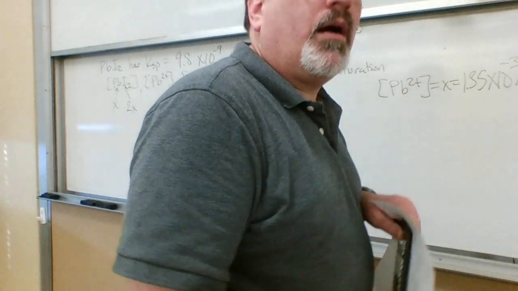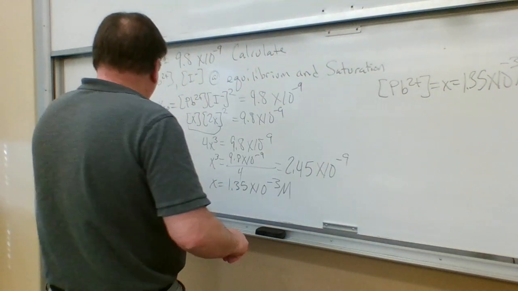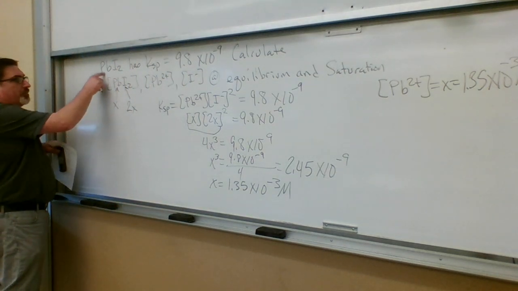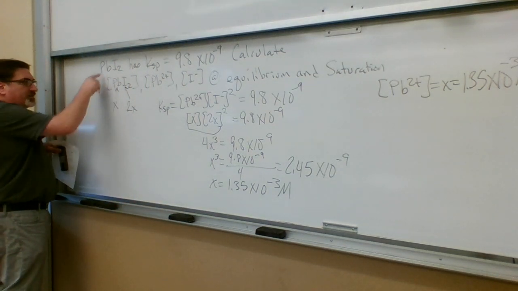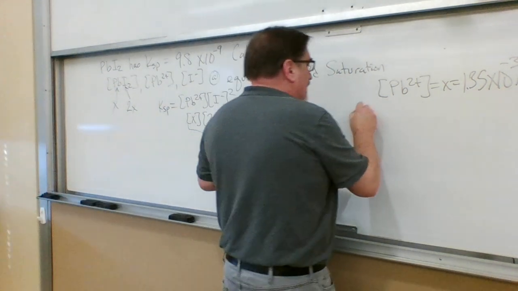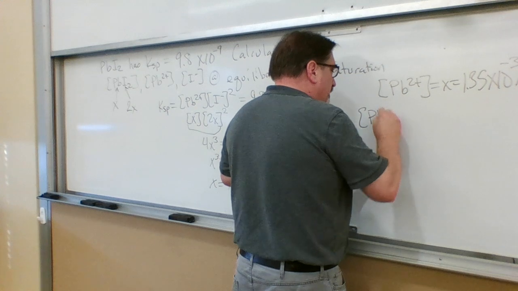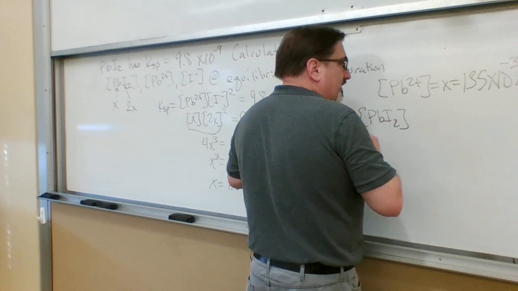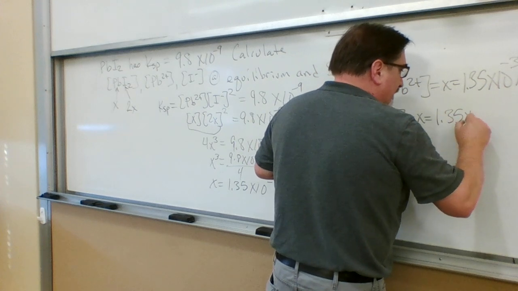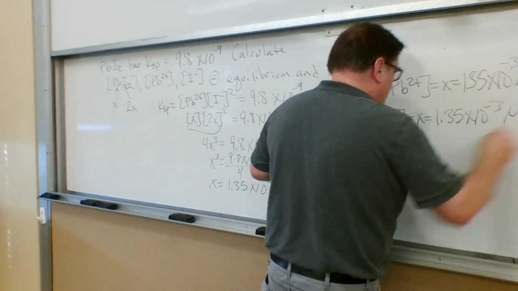And that also equals the concentration of PbI2, because there's 1 Pb per PbI2, so those concentrations must match because their coefficients essentially match. So the concentration of PbI2 as a compound is X, and that's 1.35 times 10 to the minus 3rd molar.